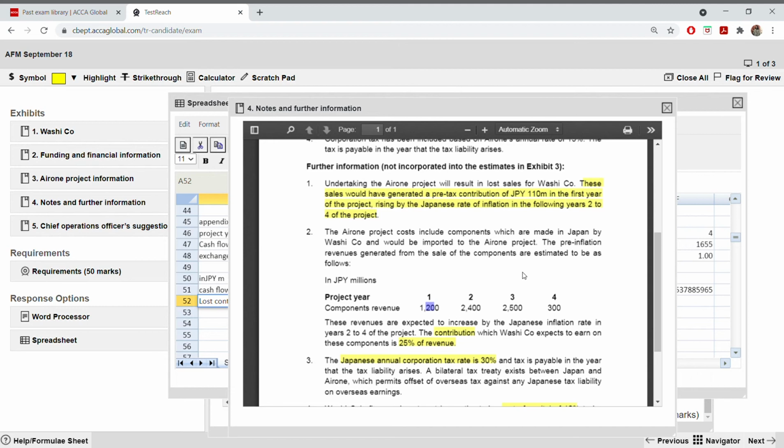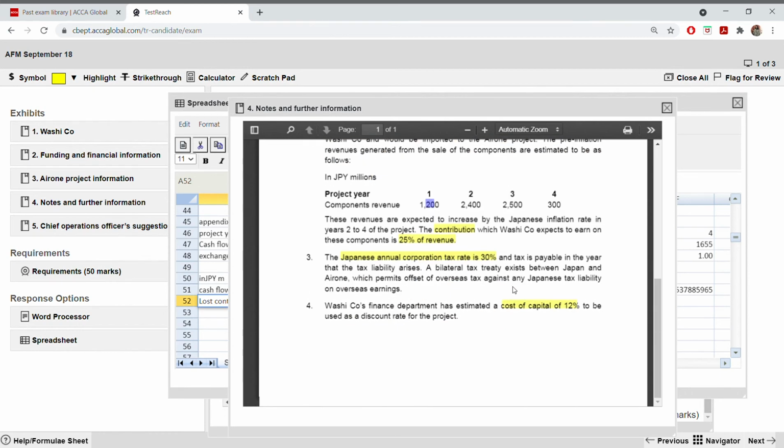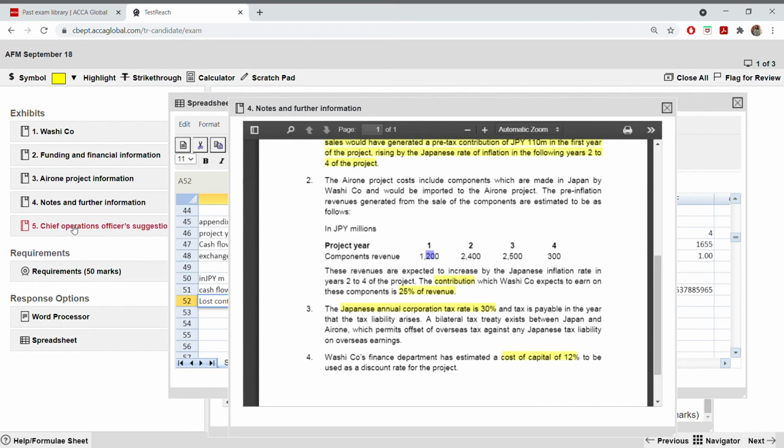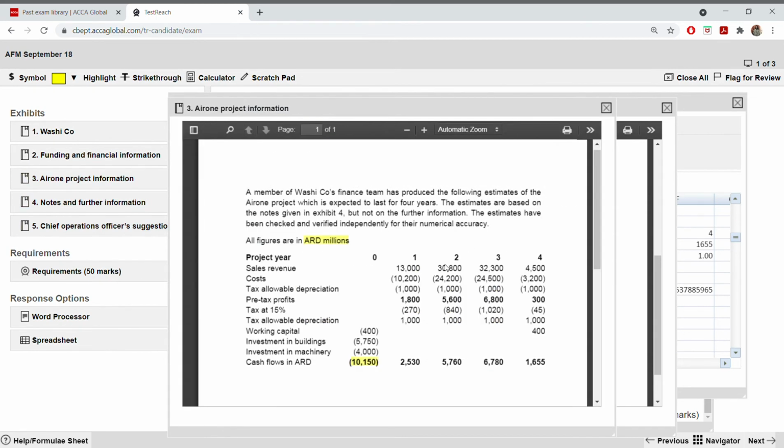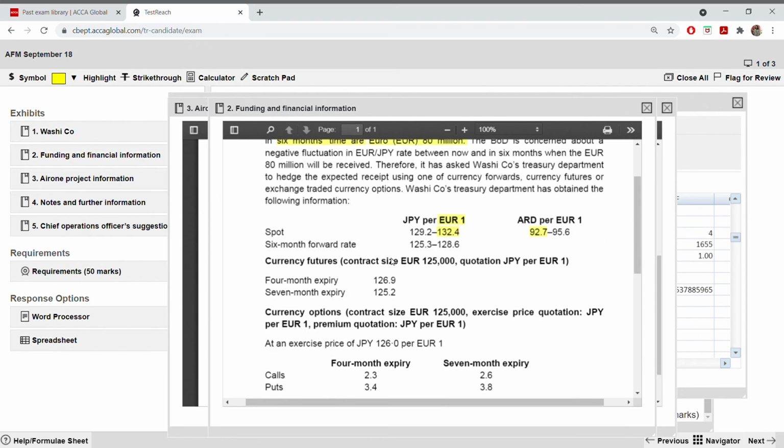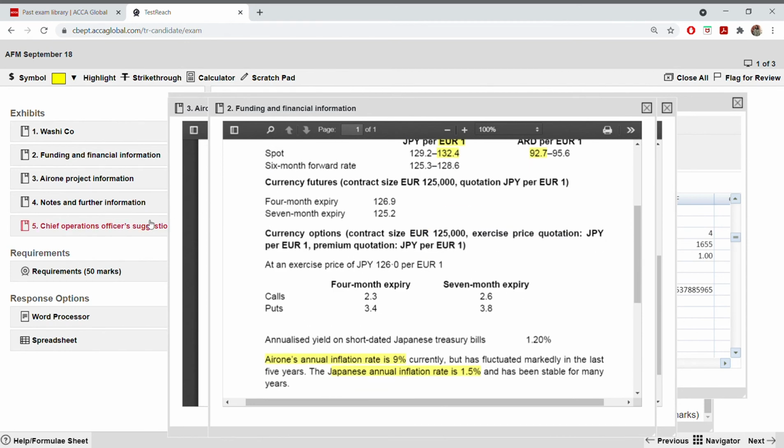No, I'm so sorry. Here they have told in this first line, with a pre-tax contribution of 110 in the first year, rising by Japanese rate of inflation. What was the Japanese rate of inflation? 1.5%.